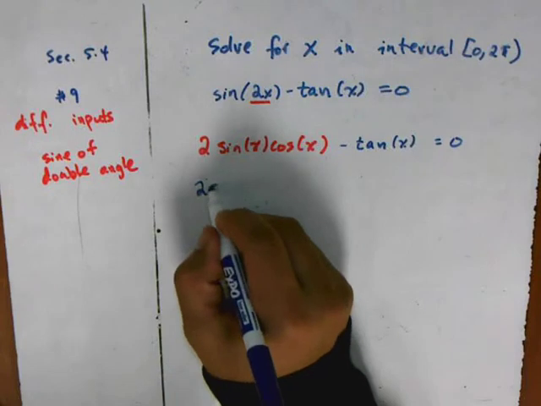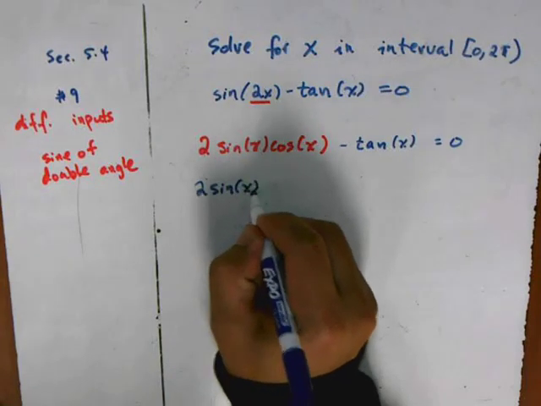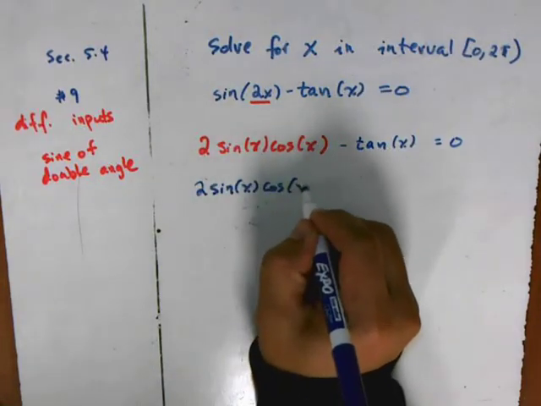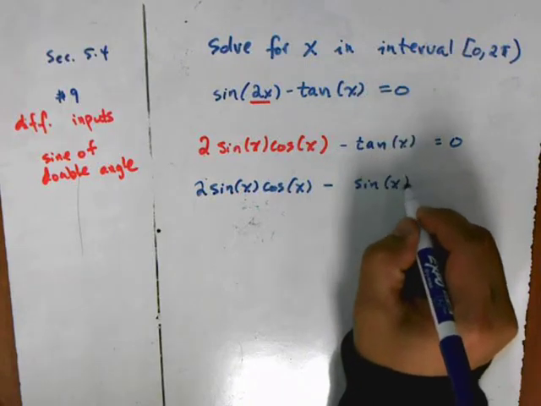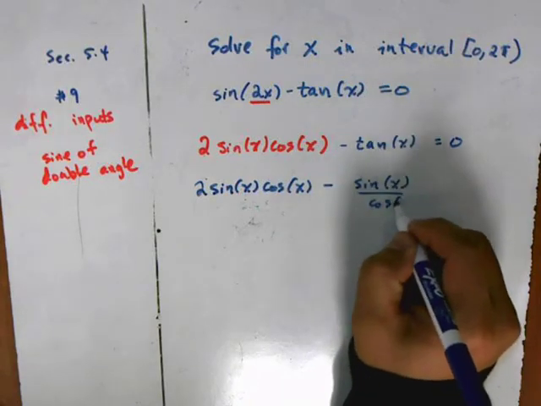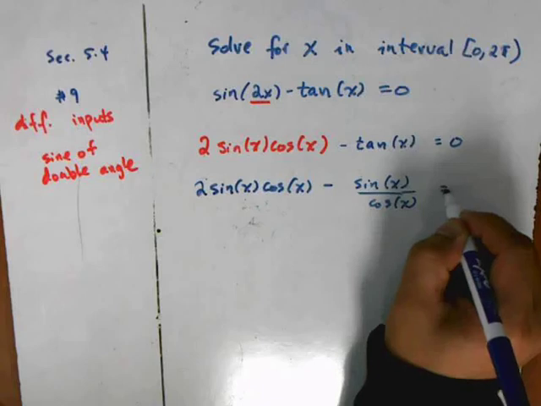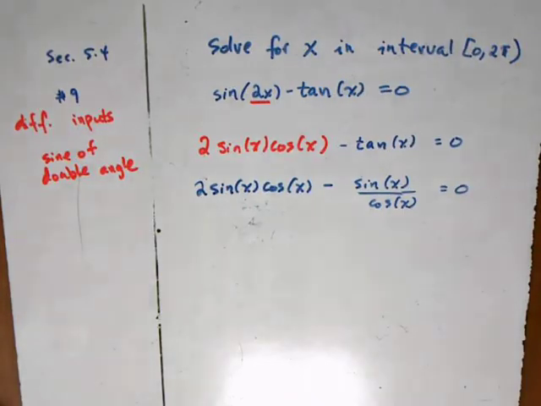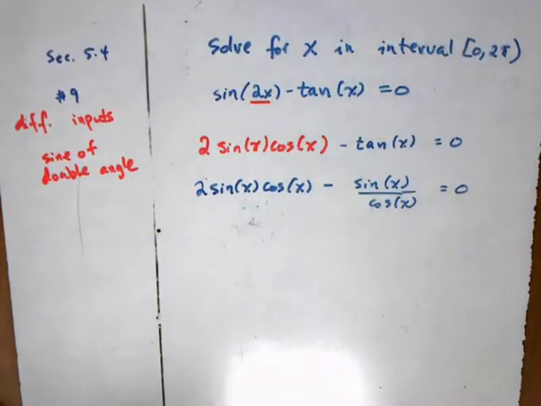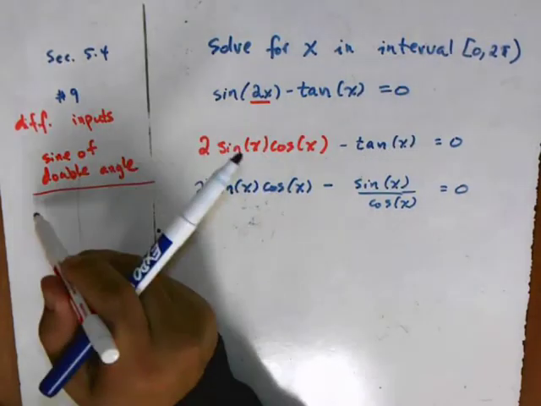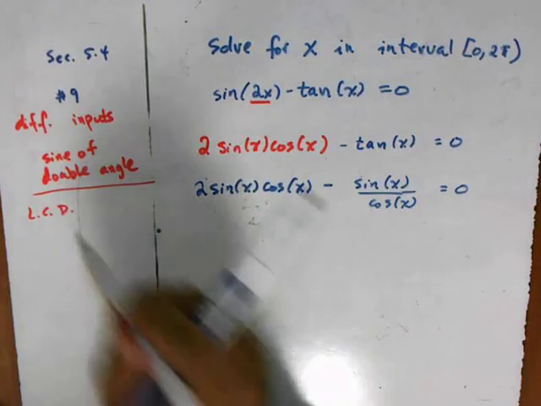So what I'm going to do next is separate this into sine over cosine. Then I'm trying to subtract two fractions, so I need a common denominator, finding the LCD.